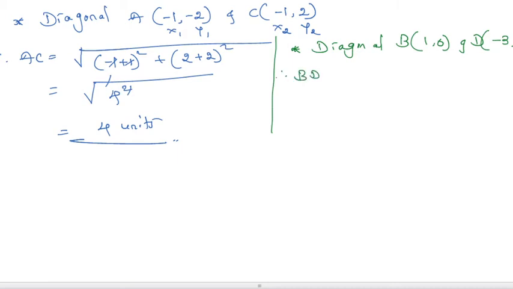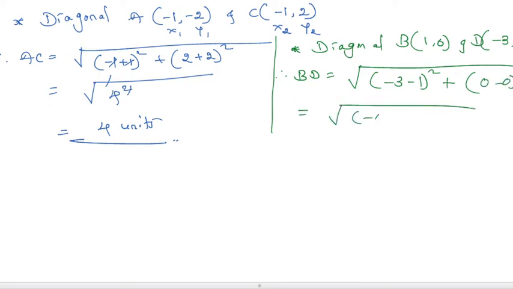Therefore, BD is equal to square root of (x2 minus x1) whole square, means x2 value is minus 3 minus 1, whole square, plus (0 minus 0) whole square, which is equal to square root of minus 3 minus 1, you will get minus 4 whole square plus 0 here. Minus 4 whole square can be written as square root of 16. Root 16 means 4 units. Its length is 4 units.